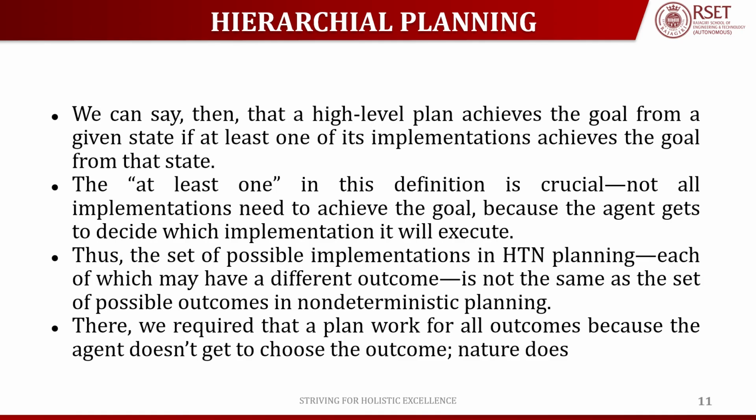Only one method needs to work. So HTN planning is more relaxed than strict planning. The agent can choose only one method among many. Any one possible solution should work. This is not like non-deterministic planning, where you must handle all the possible outcomes.